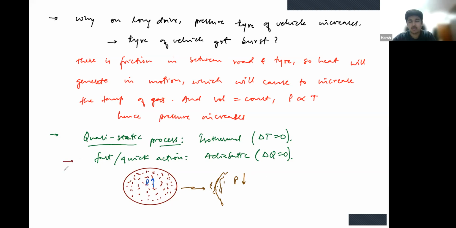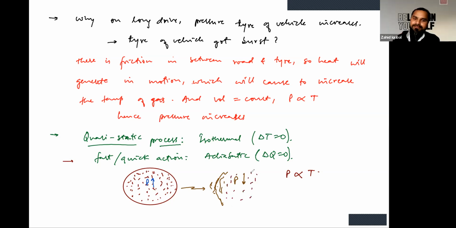Adiabatic. Good. For an adiabatic process, pressure and temperature are directly proportional to each other. So if pressure decreases, the temperature of the gas must decrease. That's why the ejecting air will be cold. Any doubt? No, sir. Just write it down up to this part.